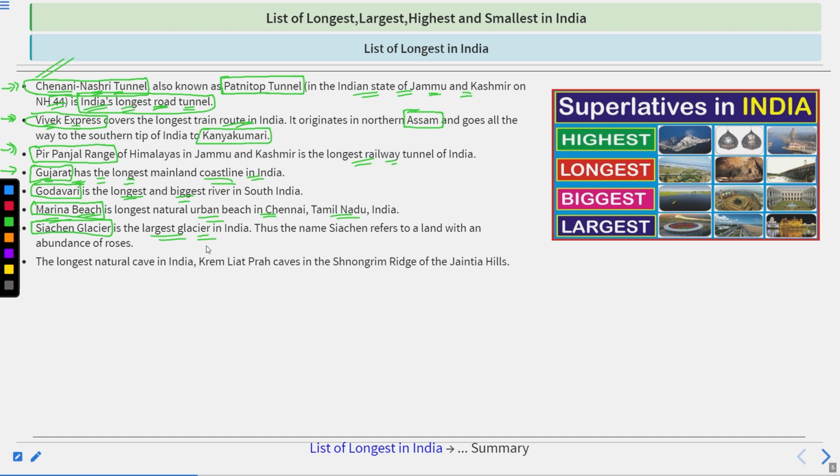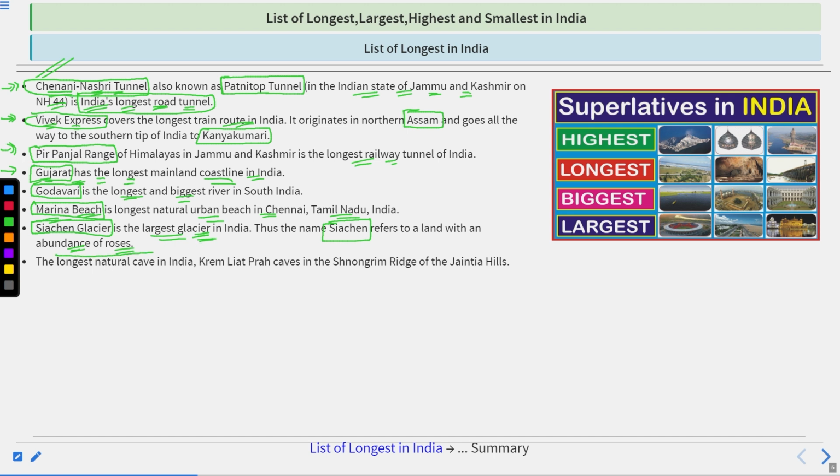And the name Siachen refers to the land with an abundance of roses. Okay, it means Siachen, being so high, is always covered by snow, so that's why it is known as a glacier. And because there is snow and no other vegetation, yet it is named Siachen, which means abundance of roses. The roses are not present there.